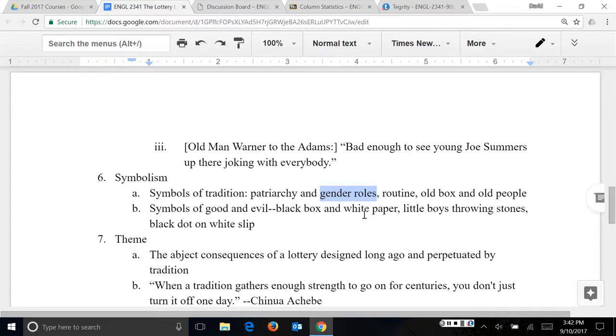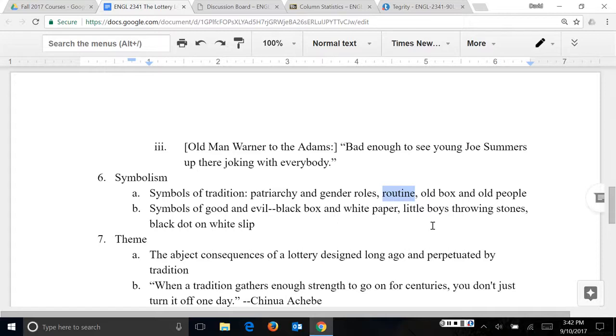So again, we have two abstract concepts that evoke this idea of tradition. We also have this idea of routine, something done over and over and over again. We know that the lottery has been done many years since before Old Man Warner. We know that the same black box is used, wood chips and all.